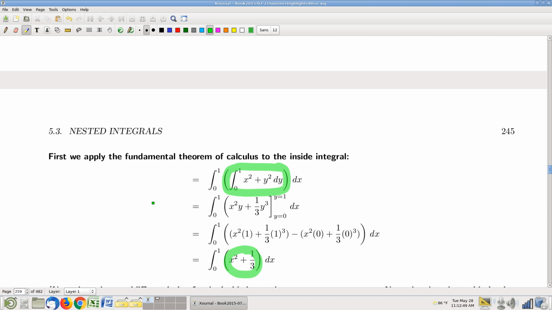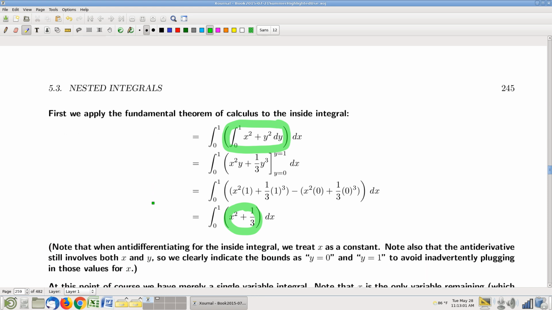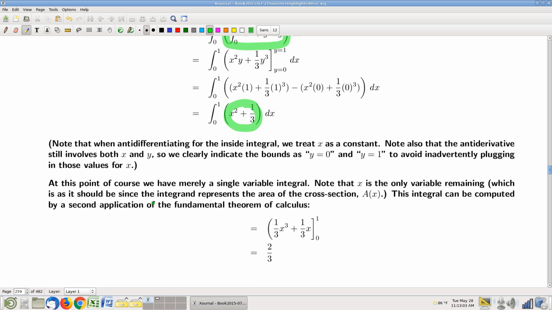So of course the y's are all gone. This is a good old, plain old single variable integral like y'all have done a billion of in the past, and its evaluation is just a matter of cranking it out. So easy antiderivative, plug in these values 0 and 1, and there's your answer. Anybody on board? Okay. All right.